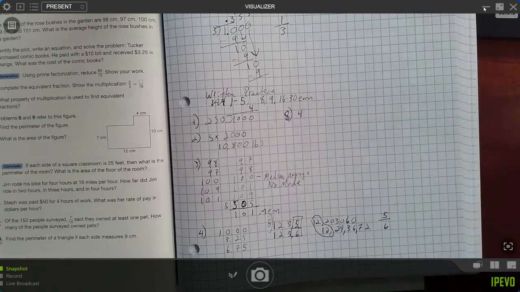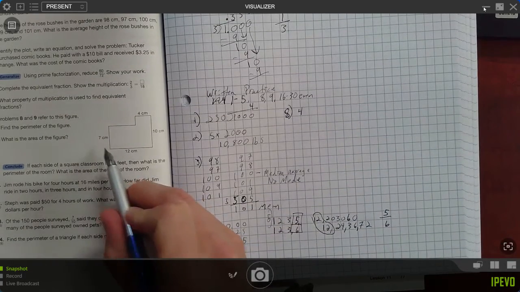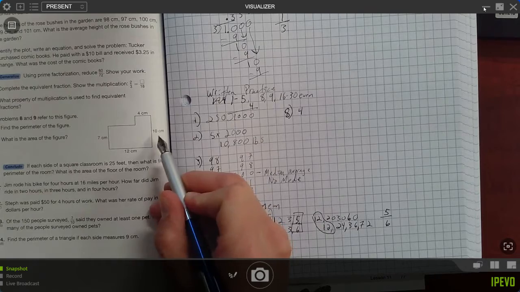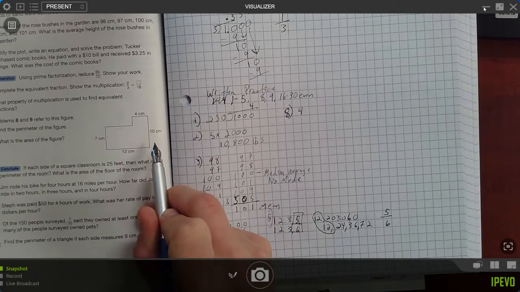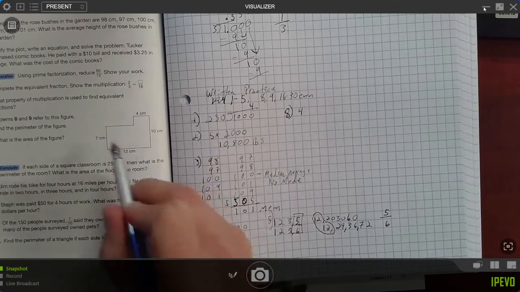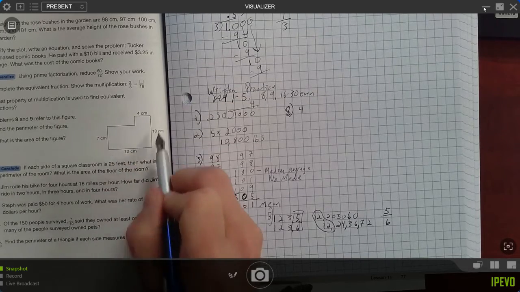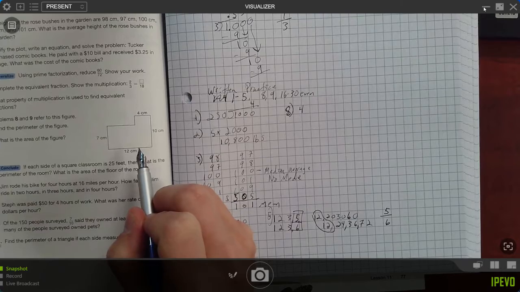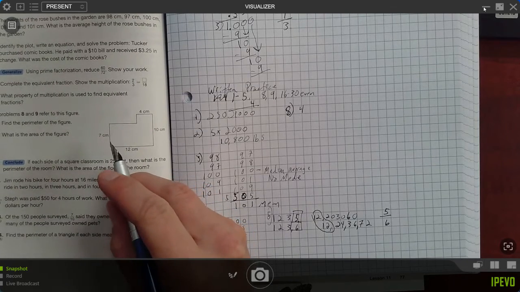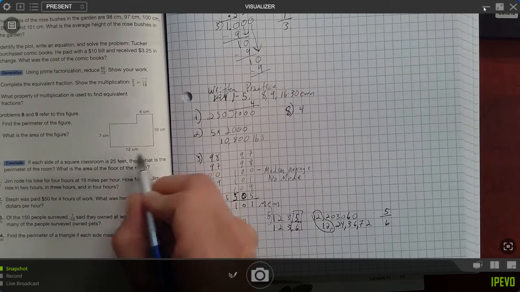So here's the interesting thing. That's 7, that's 12, that's 10. Now, how do you figure out this missing piece? I'm assuming, it doesn't tell us, it really should, that these are 90-degree angles.